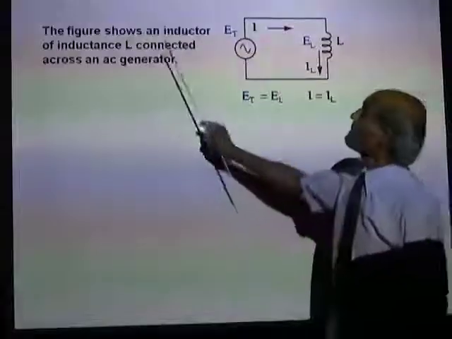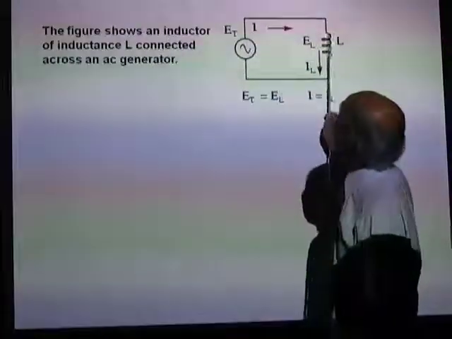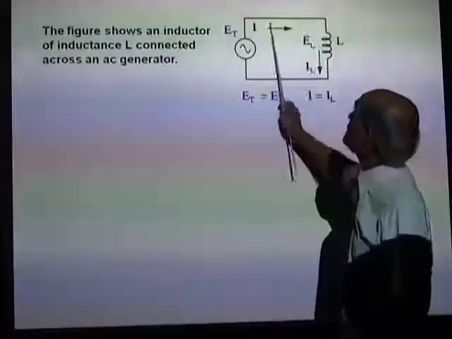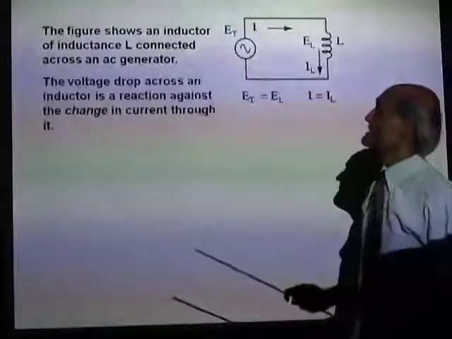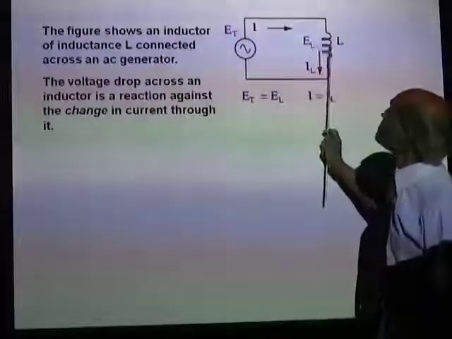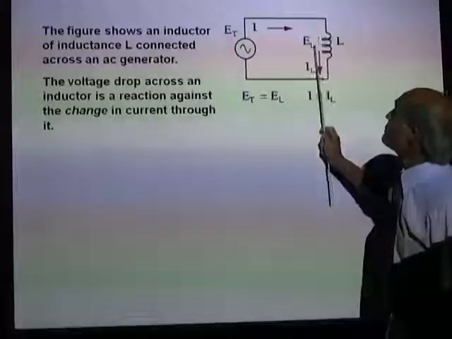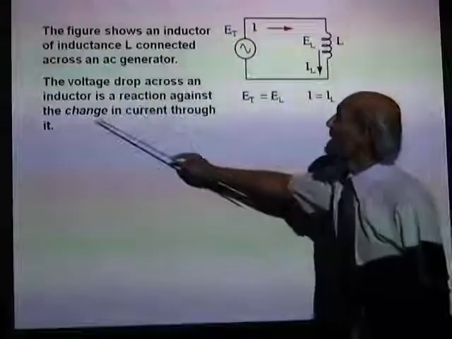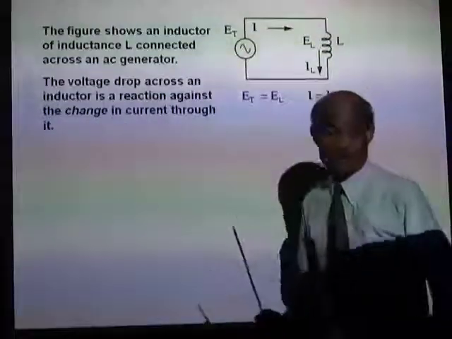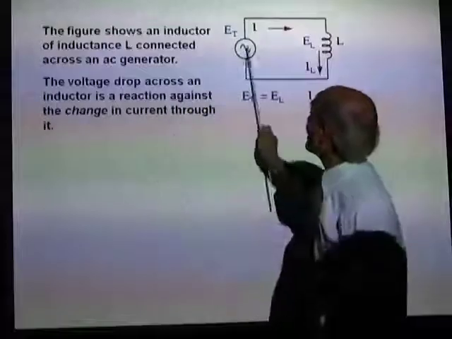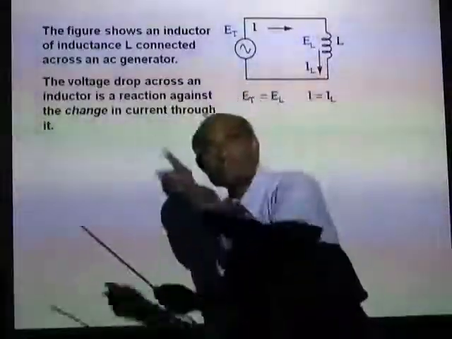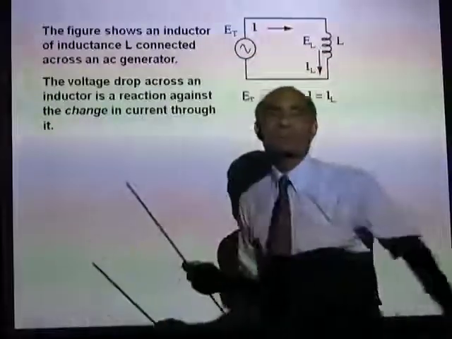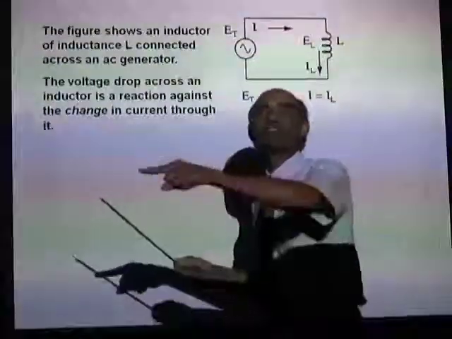Now, the figure shows an inductor of inductance L connected across an AC generator. The voltage drop across an inductor is a reaction against the change in current through it. Now remember, an AC is a continuously changing current or a continuously changing EMF.